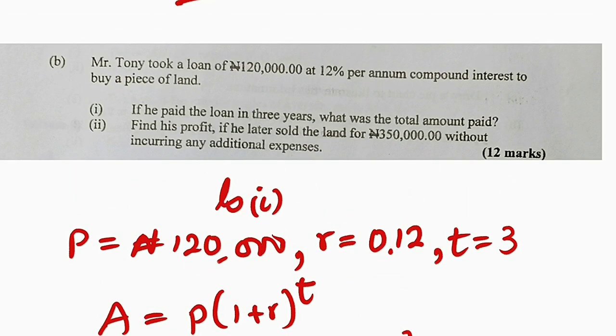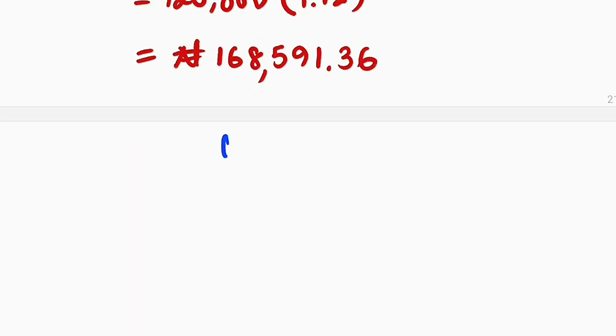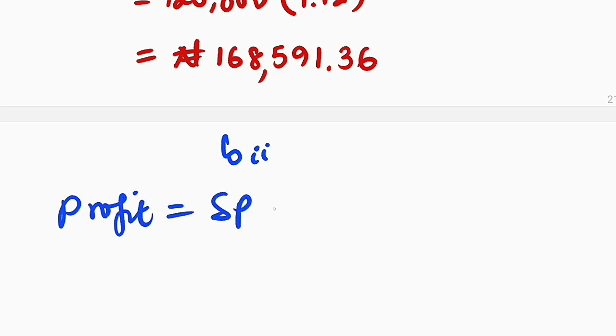Then Roman 2, we're asked to find the profit if at all he sold the land at the rate of 350,000. So B, Roman 2, we are talking about profit, which is equal to what? The selling price minus the cost price. Selling price minus the cost price.